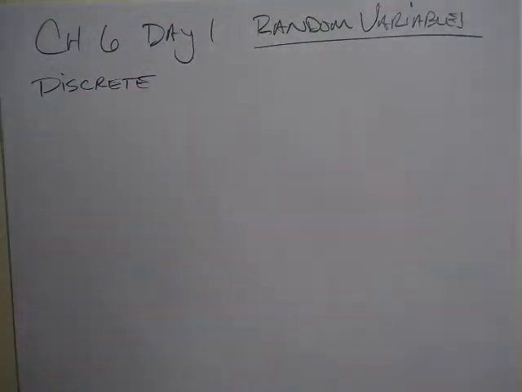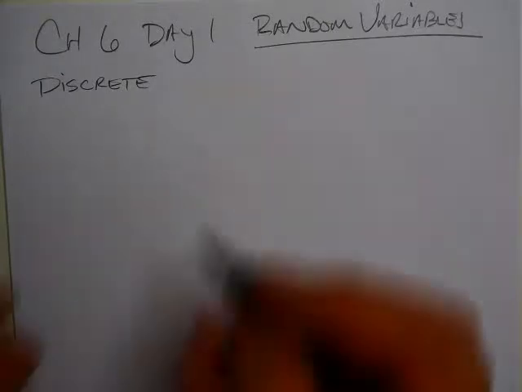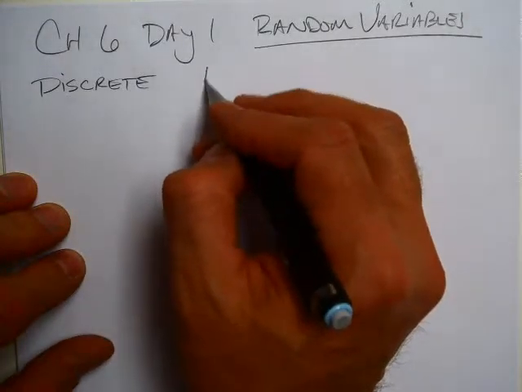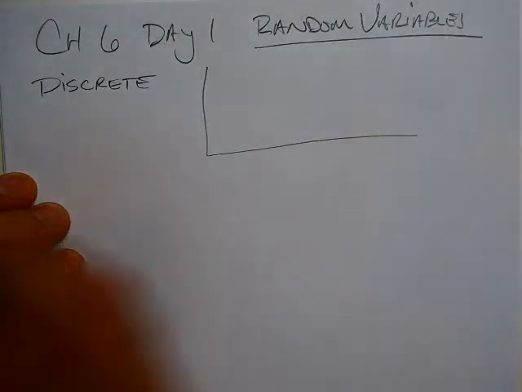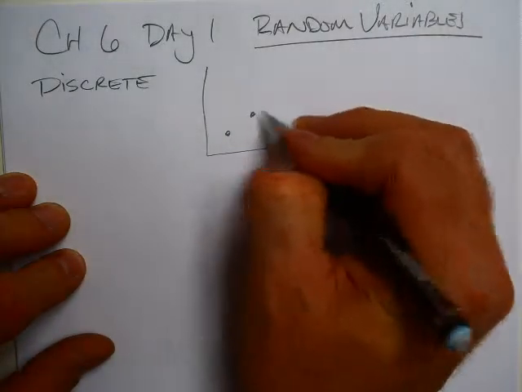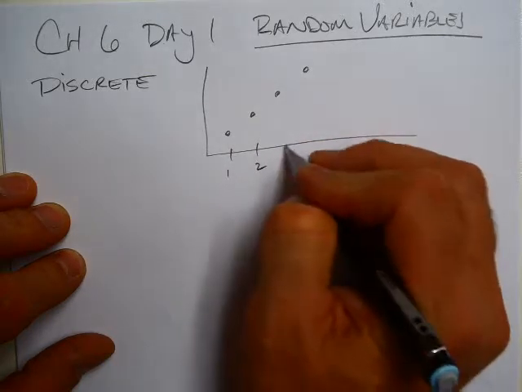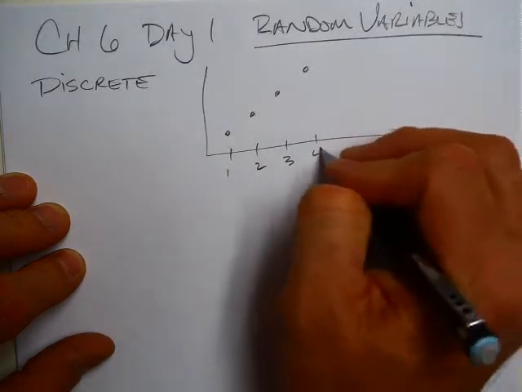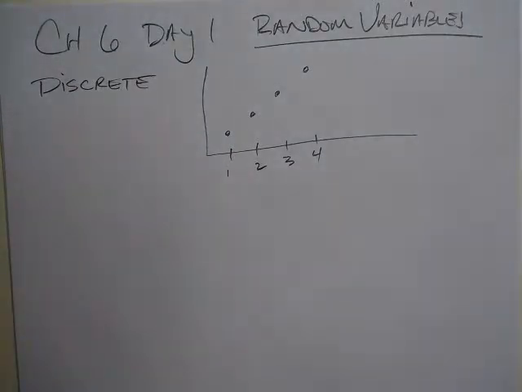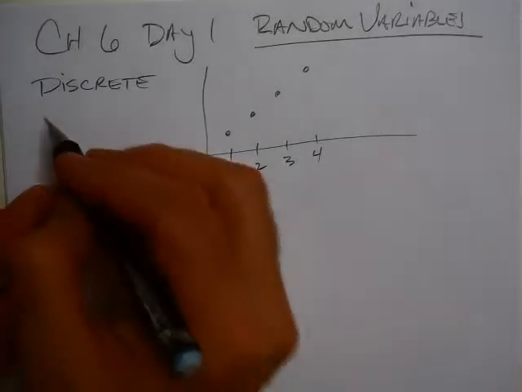If something's discrete, I don't know much about Math 2 or Math 3, but if you go back to Math 1, we talk about discrete. A discrete graph would look maybe like this, where here's 1, 2, 3, 4. So a discrete linear kind of thing. It's not connected. There's no method in the context to allow for a 1.5 or 1.75 or something like that. It's just the numbers that are given.